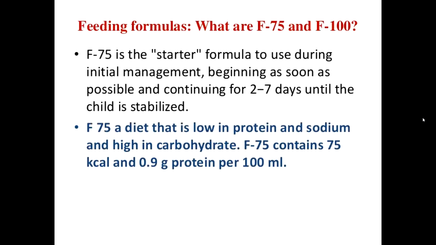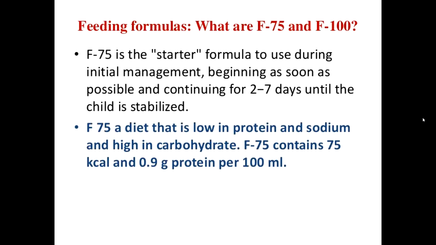We have two specialized formulas for nutritional rehabilitation. F75 means that this formula gives 75 calories per 100 ml. This is a starter formula in initial management, beginning as soon as possible and continuing for 2 to 7 days till the patient is stabilized and taking an adequate diet.